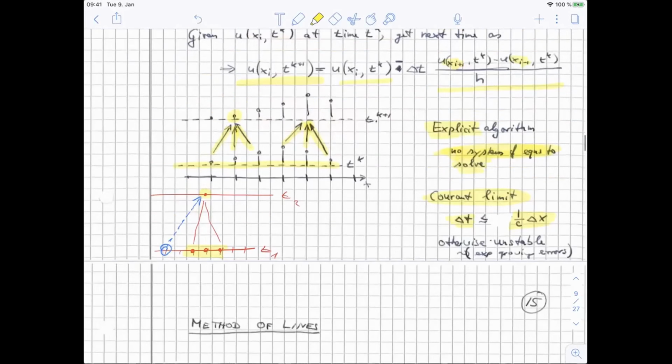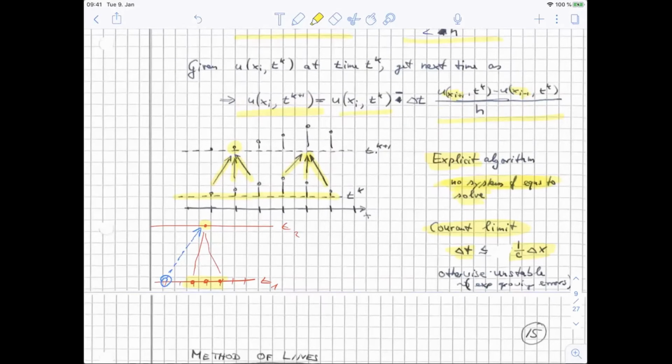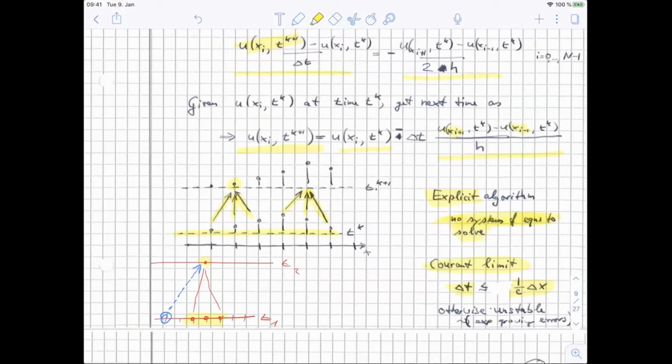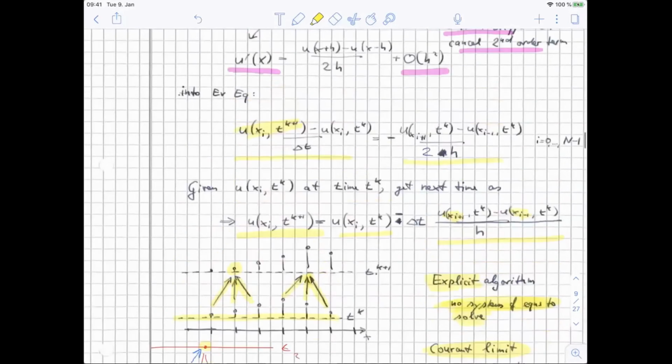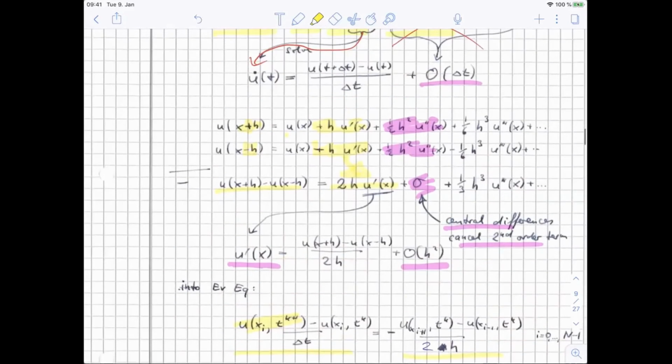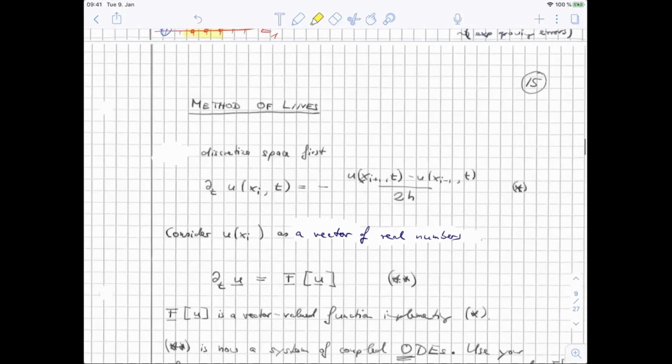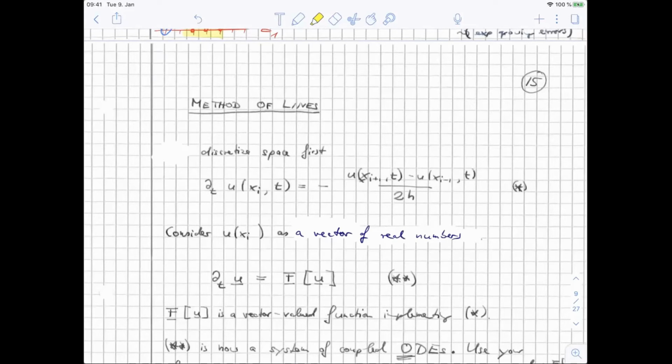So far the method I was describing to you is limited by the fact that the time step treatment is very simplistic and we have a very large time stepping error of order delta t. Let me introduce you to the generic trick of fixing this and dealing with time in a rather flexible manner. This is called the method of lines.